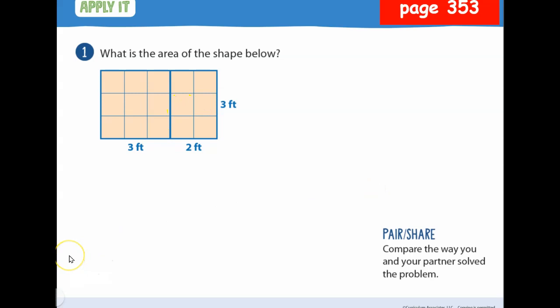It says find the area of the shape below. You do it 2 ways. Go ahead and count all the squares, obviously, right? But also find the area for one, and then find the area for the other, and then add both areas together.